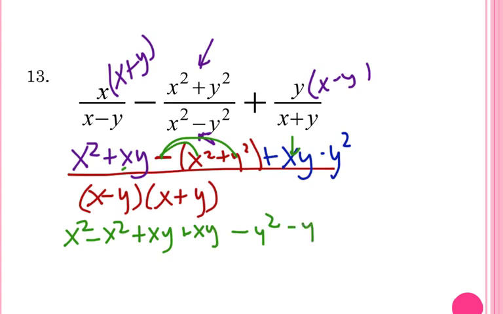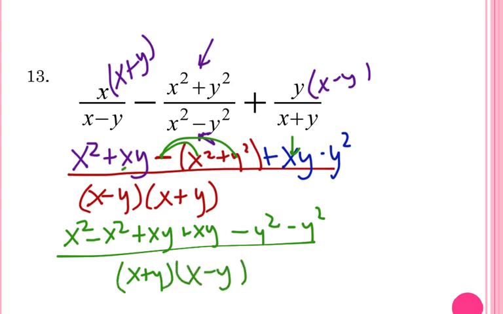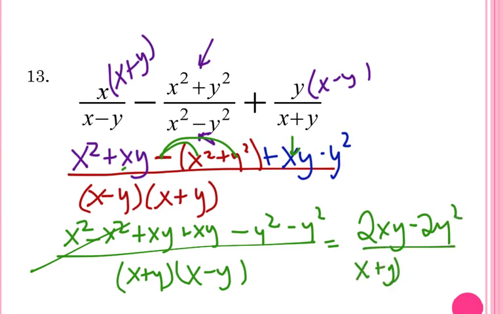And then minus y squared. So that simplifies. The x squares cancel out. I'm going to have 2xy minus 2y squared over x plus y times x minus y.